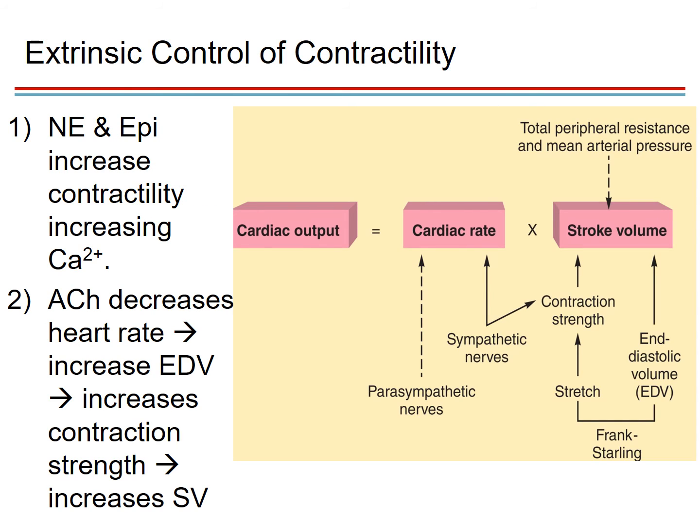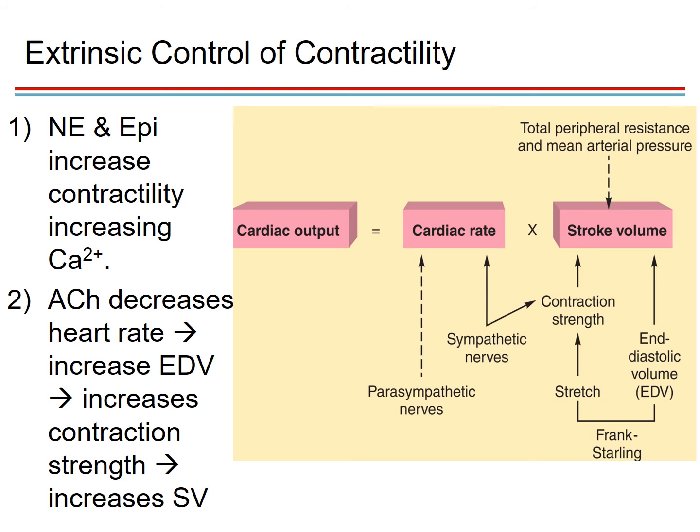So some extrinsic controls, so outside of the heart, for contraction include sympathetic changes for cardiac output. And so norepinephrine and epinephrine will increase contractility by increasing calcium.